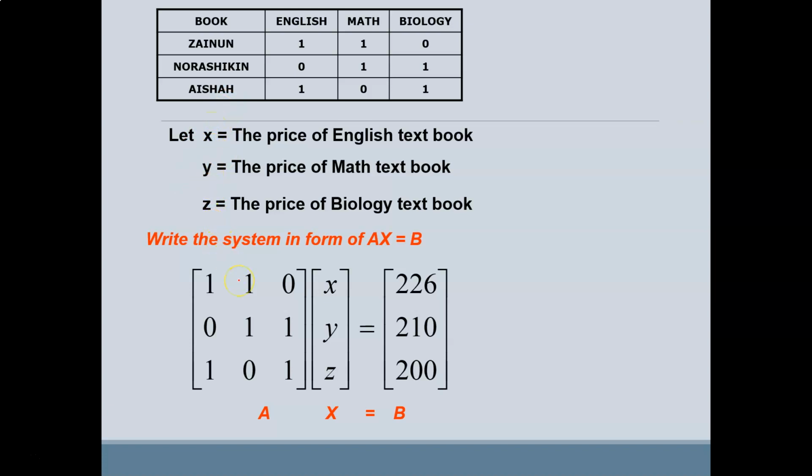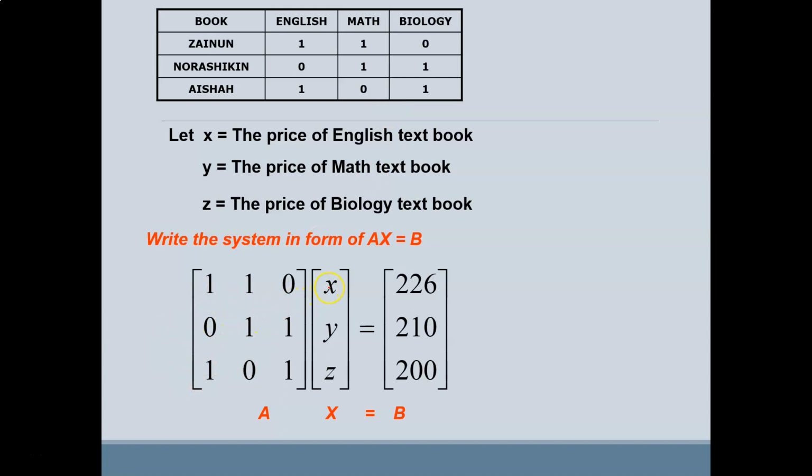Then write it down using the AX equal to B system. So just transform this into matrix form. You have 1, 1, 0, 0, 1, 1, and 1, 0, 1.